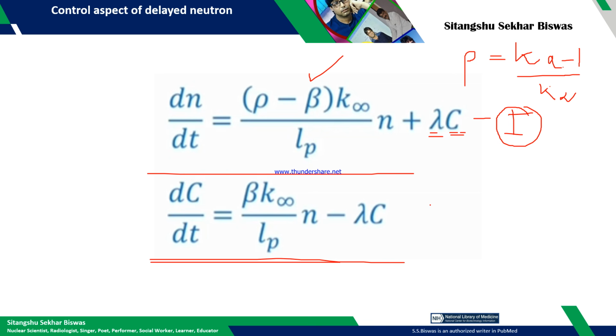So for simplicity, I have coupled all the groups together and considered that variable as C, the concentration of delayed neutron precursors for all possible groups, and this lambda is the average decay factor for all the delayed neutron precursors.